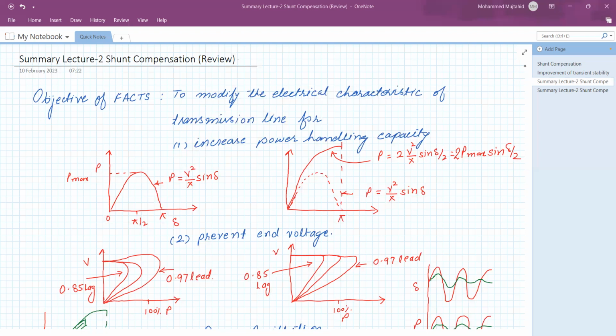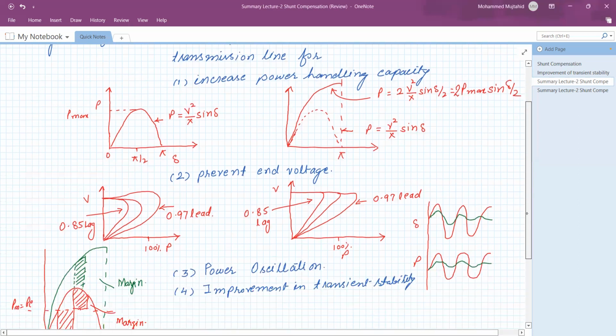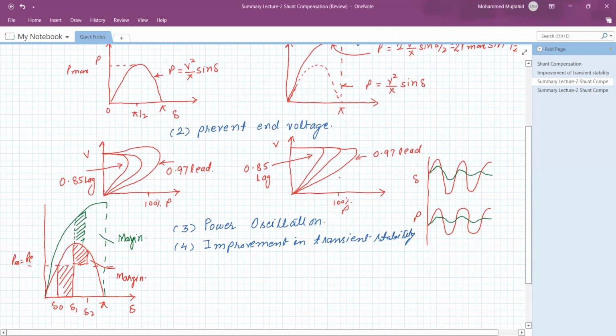Second is to prevent the end voltage drop, or say voltage collapse. This is used for a radial line. We use shunt compensation near the load, and that is called load compensation. Here the voltage profile is not constant, whereas by shunt compensation we can obtain a flat voltage profile.